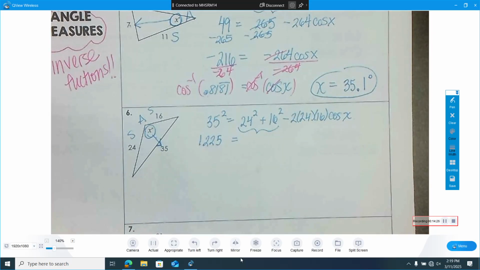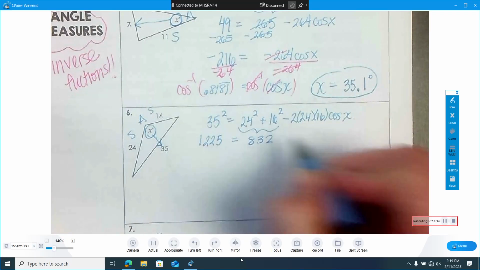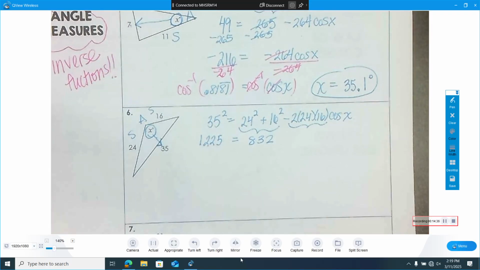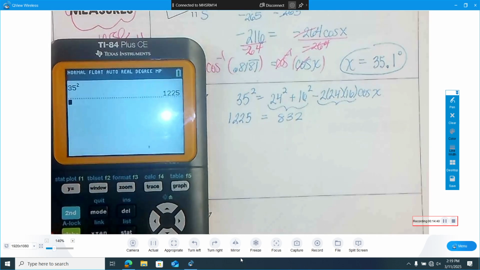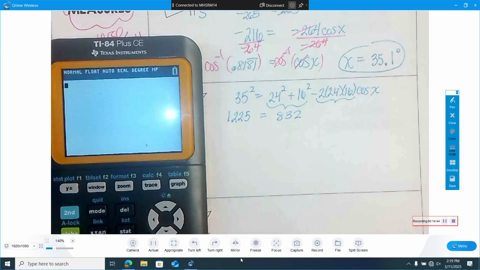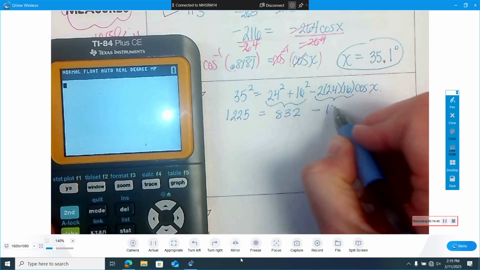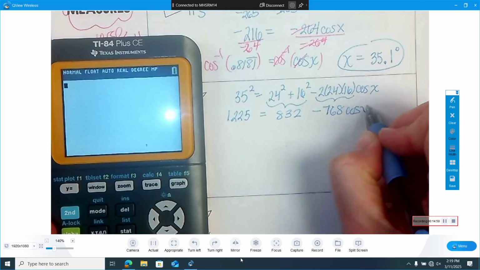We can add up some squares here. 24 squared plus 16 squared is 832, thank you. And we can multiply some stuff using those handy dandy calculators. Negative 768, thank you, times the cosine of x.